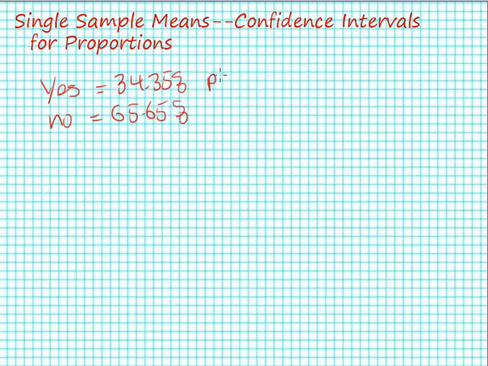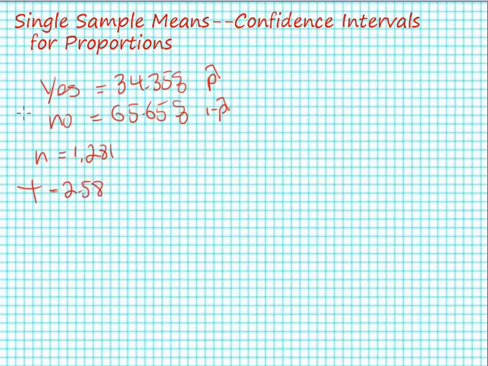So again, this is our p hat, and this is 1 minus p hat. Our sample size was equal to 1,281 individuals. And for this particular example, I'm going to calculate a 99% confidence interval. So my t statistic, using the t-table with 1,281 degrees of freedom, is 2.58.